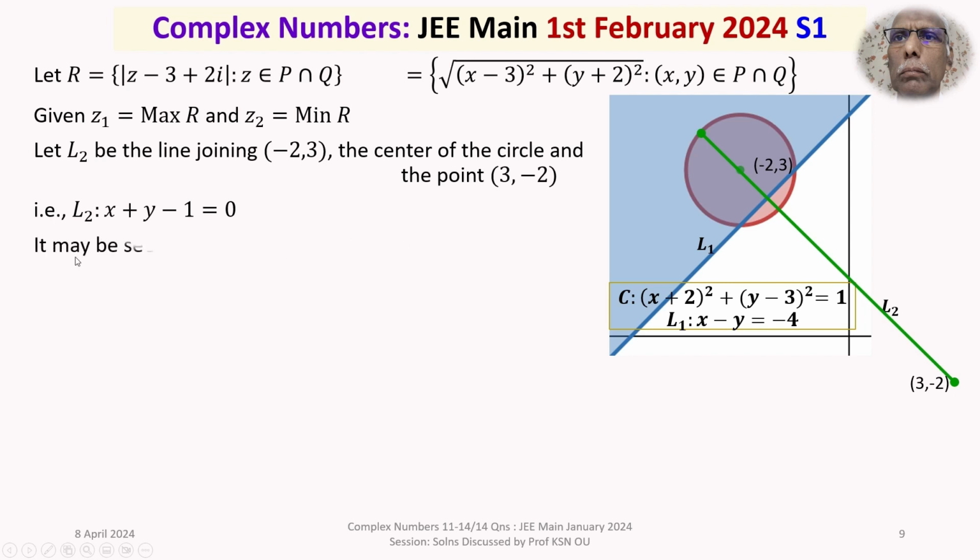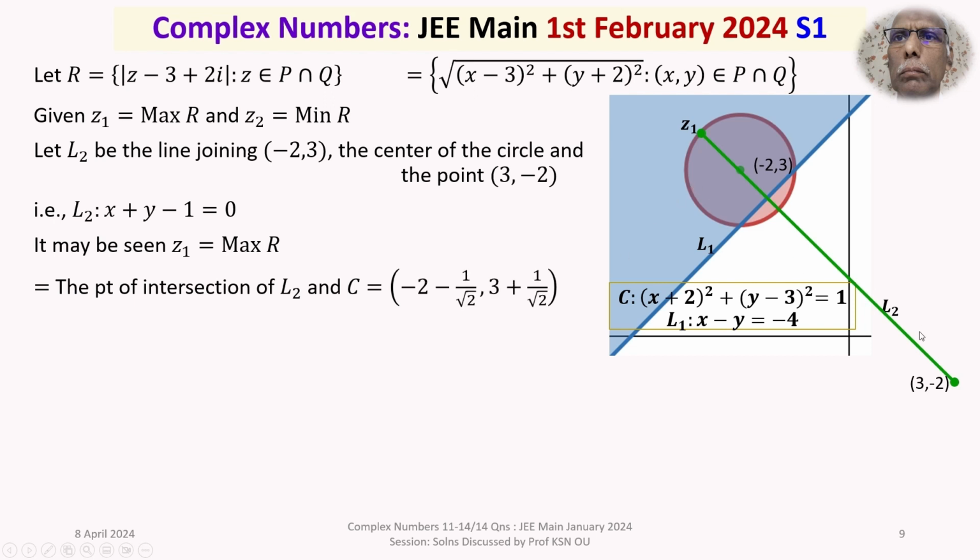It is given Z1 is the maximum of R. So Z1 is this one, that is the maximum of this distance, and that is the point of intersection of this line L2 and the circle C. So you take the L2 equation and the circle equation and solve to find the points of intersection.